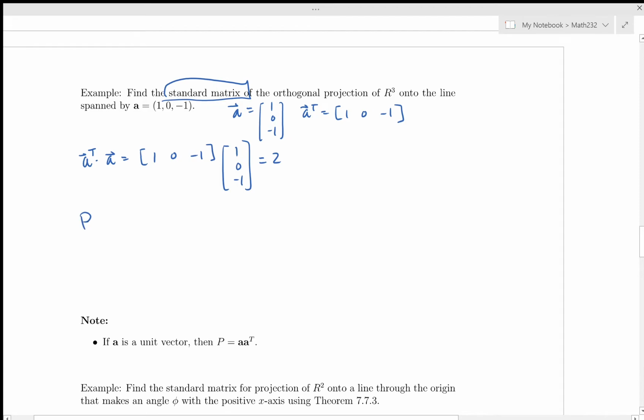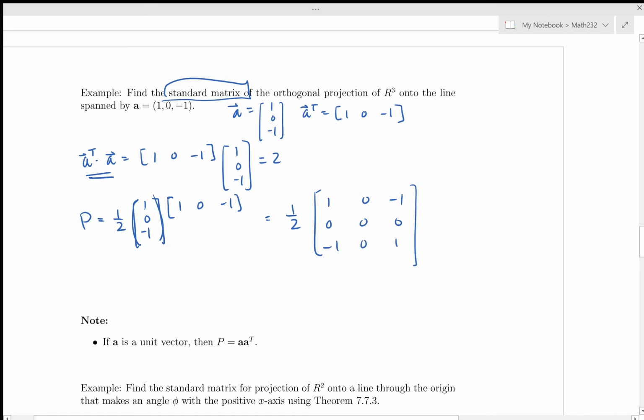Then the projection matrix that encodes this linear operator is going to be 1 over 2, that is 1 over this inner product, multiplied by the outer product of these same two vectors. Multiplying these two together, we get 1/2 times the matrix 1, 0, minus 1, 0, 0, 0, minus 1, 0, 1.